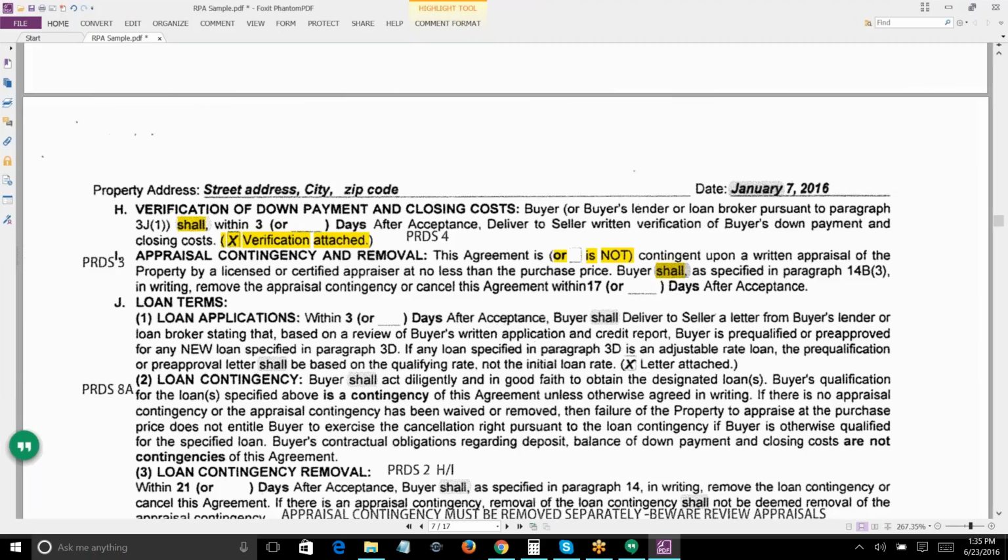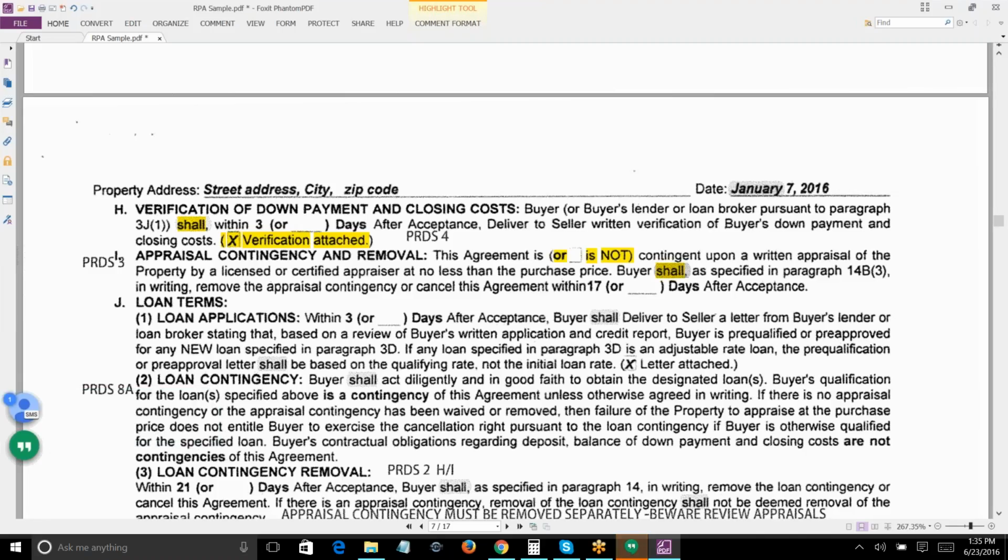Now, we have two choices. One is they could roll the dice and hope that it does appraise for more than that. That would make the offer look stronger, but they're in big trouble if it doesn't appraise. Or two, we can put a floor on the appraisal.